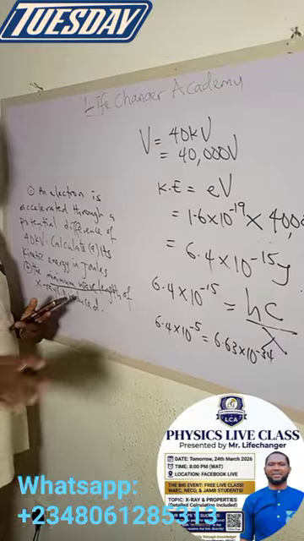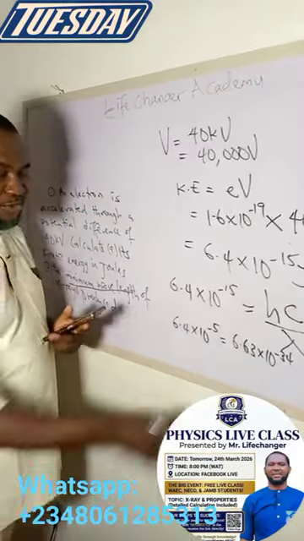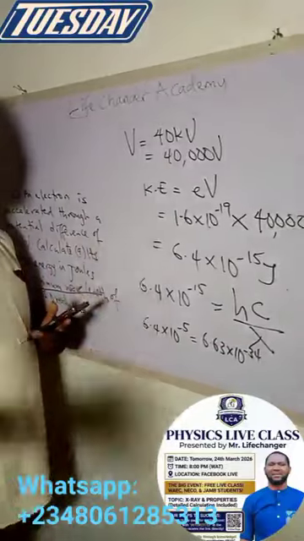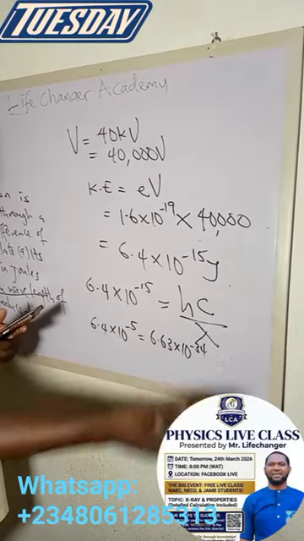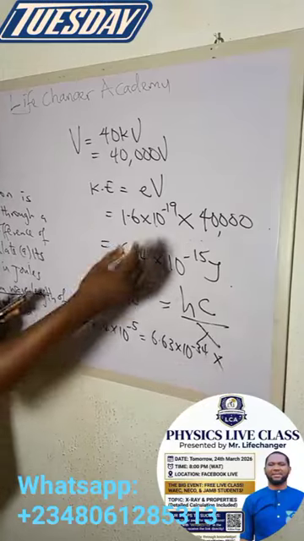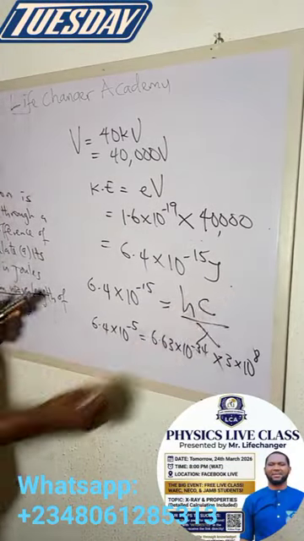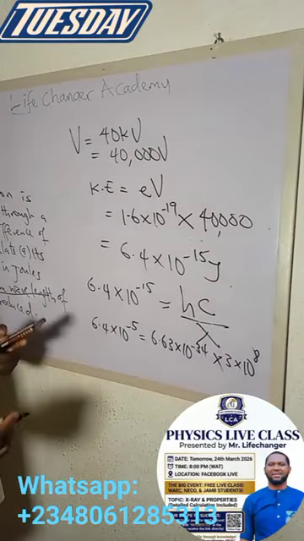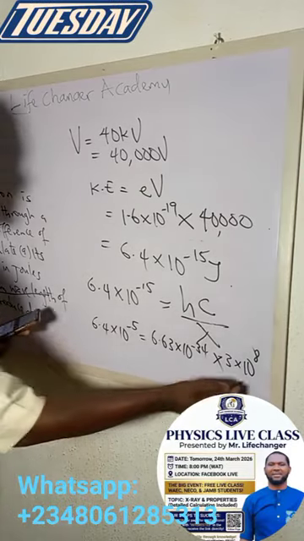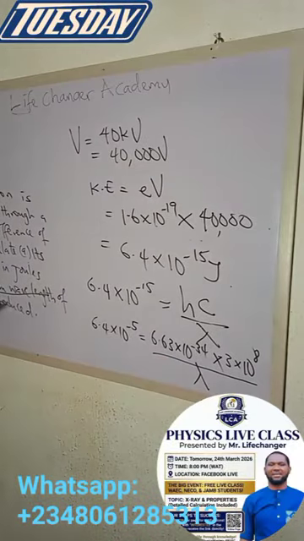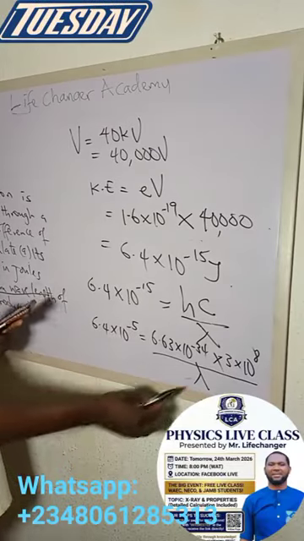It is constant in Bangladesh, in China, in any country you go to. Planck's constant has the same value, 6.63 times 10 to the power negative 34. Then the speed of light is also a constant value, which is 3 times 10 raised to the power 8. Sometimes in your exams you will be given these values, but even when you are not given, you should know them. Then everything is divided by the wavelength. Now you can apply your mathematics here. By cross multiplication, you can find the wavelength.